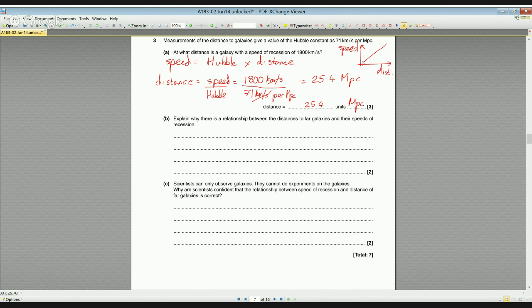All the galaxies line up neatly in a straight line here, which tells us that the further away a galaxy is from us, the faster it is receding from us. And that's evidence that the universe is expanding, and that perhaps it began with a big bang at the beginning. The gradient of this line is the Hubble constant. And that's a constant that can be used: if you know either the speed or the distance to a galaxy, you can use the Hubble constant to predict the other value.